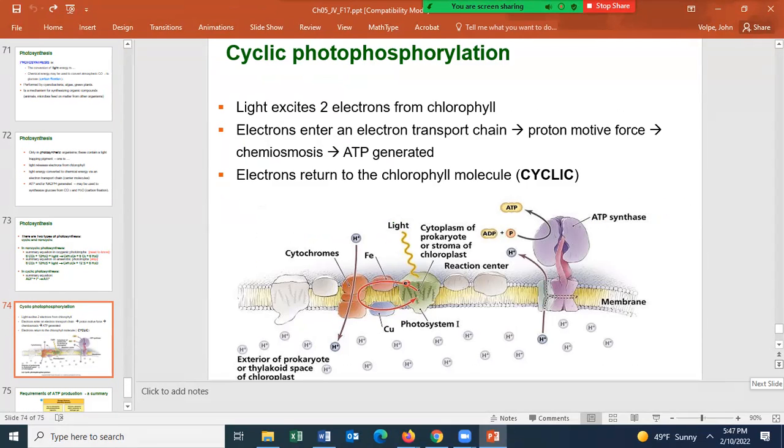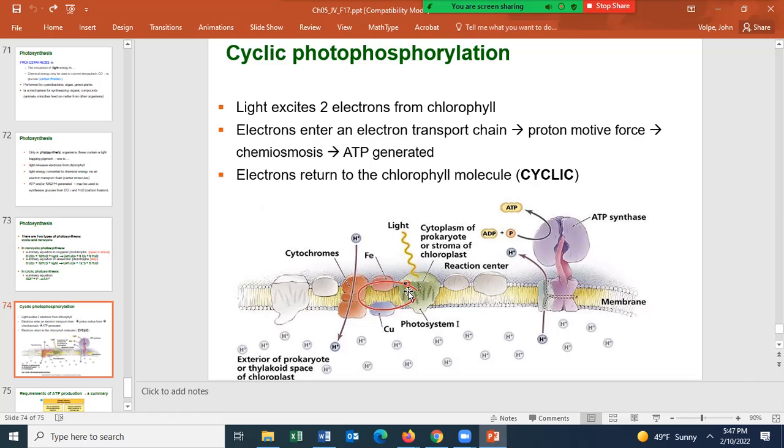Let's talk a little bit more about cyclic photosynthesis. Light strikes the photosystem, and there's chlorophyll in the photosystem. The light causes two electrons in chlorophyll to start moving.